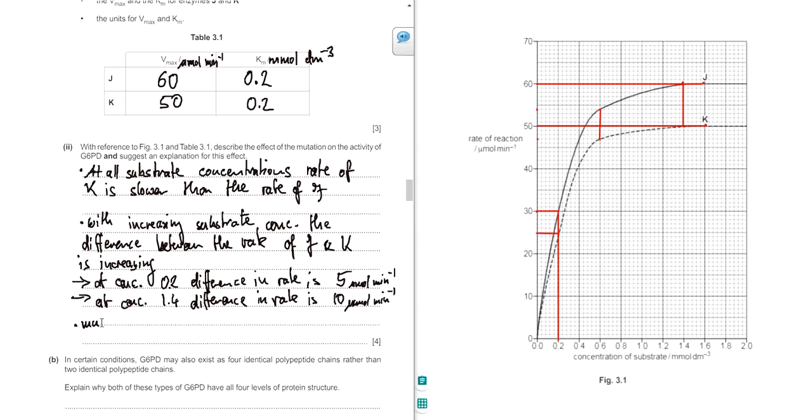Where did the mutation probably happen? Eventually at the active site.